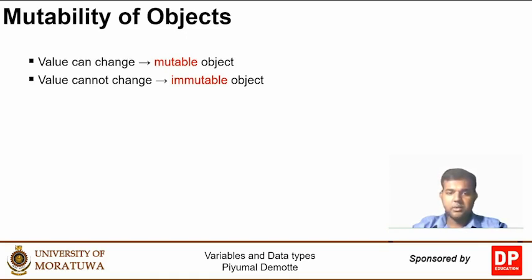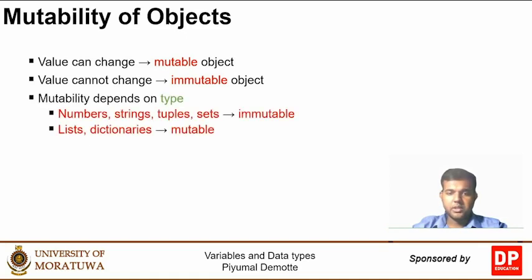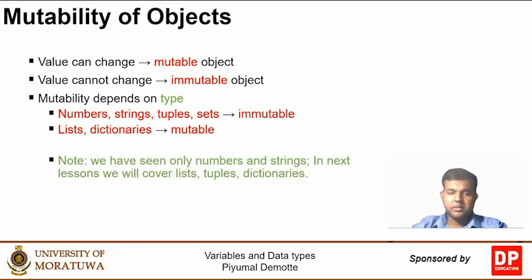Furthermore, mutability depends on the data type, or simply the type, of an object. Numbers, strings, and tuples are considered immutable objects, while lists and dictionaries are mutable. At this point, we have only seen numbers and strings. In the next lessons, you will get to know lists, tuples, and dictionaries.